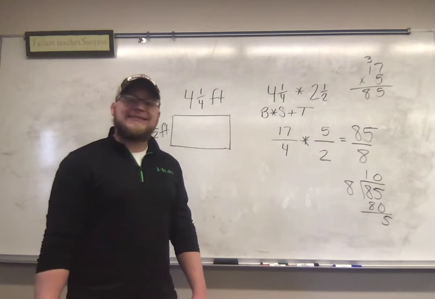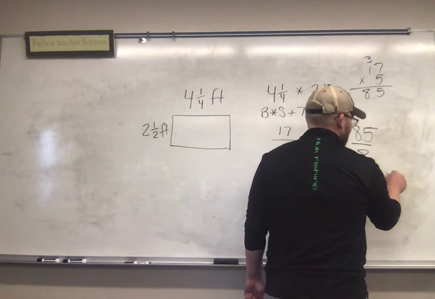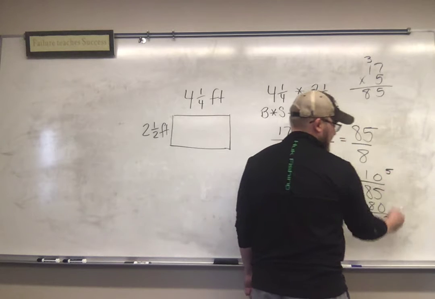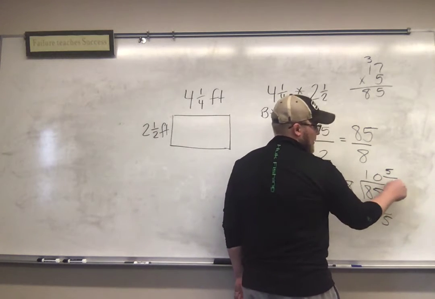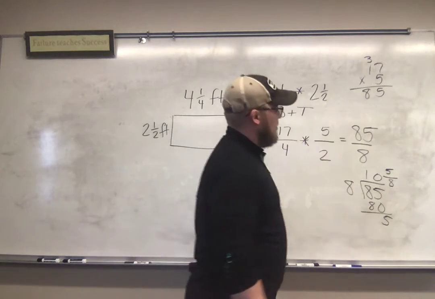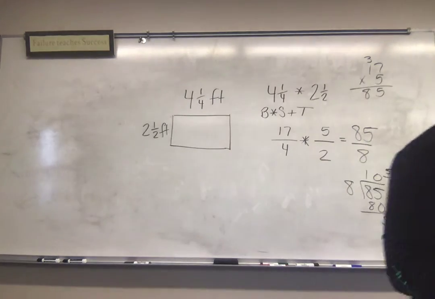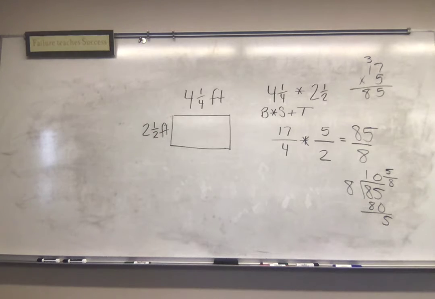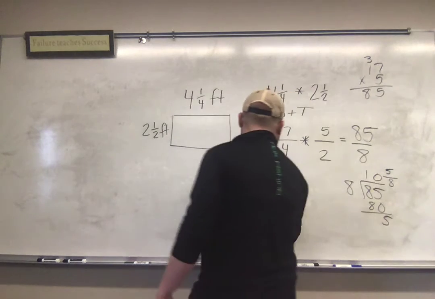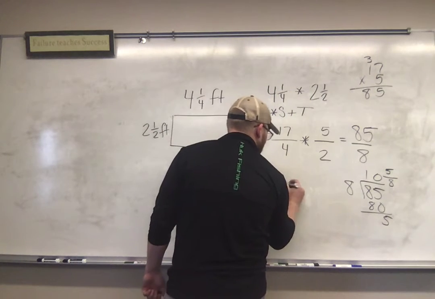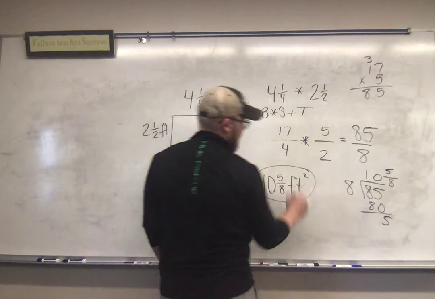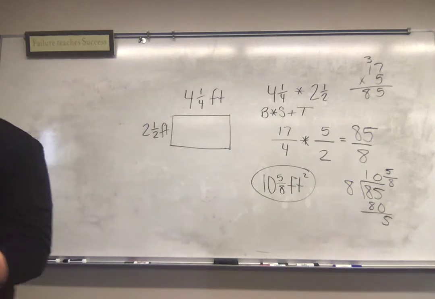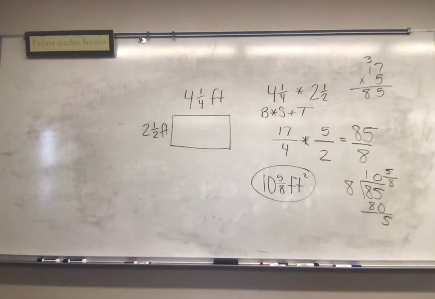So it's 10 and 5/8. Five is what's left over, that's our new top number, and 8 is our bottom number. So the area is 10 and 5/8 feet squared.